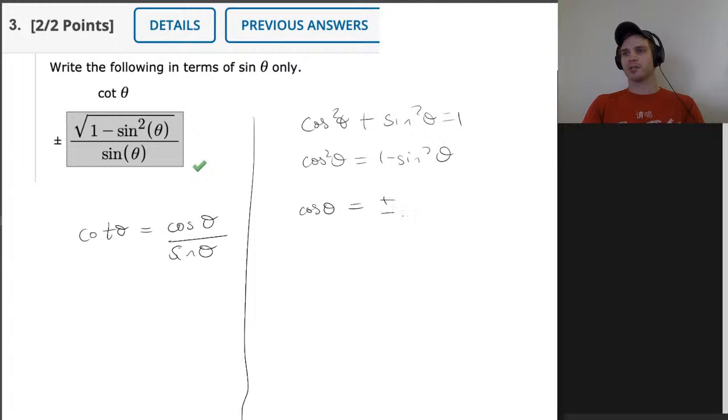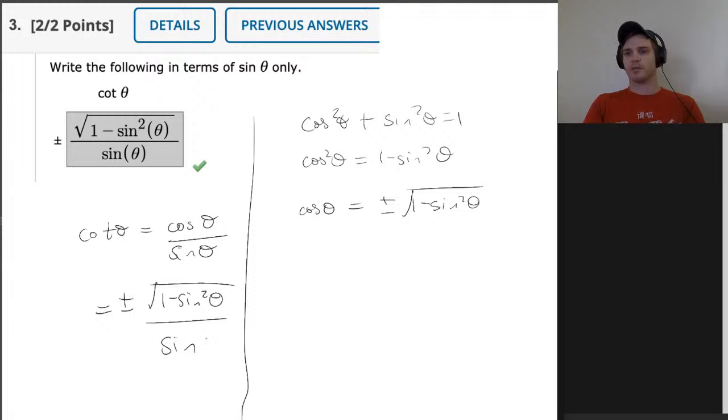Cosine of theta is plus or minus the square root of 1 minus sine squared of theta. And then since I have cosine here and cosine here, I can make a substitution. I can bring this over. So then this is going to be equal to plus or minus the square root of 1 minus sine squared over sine. And you've got this here, so again, don't type that when you enter your answer.